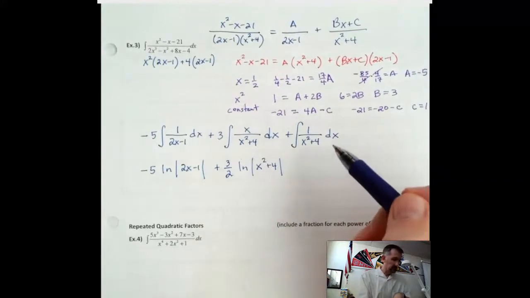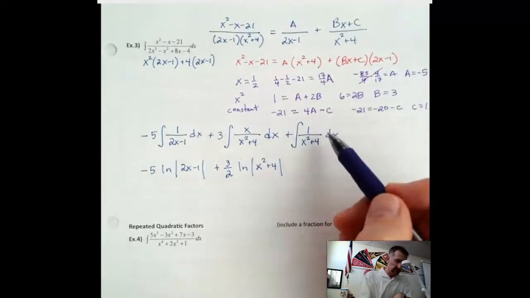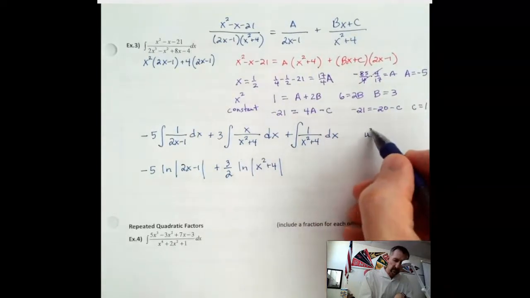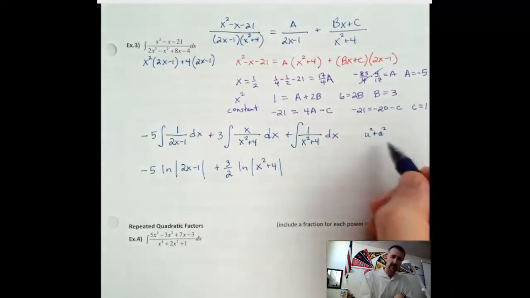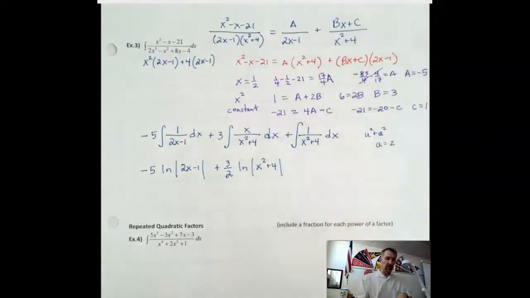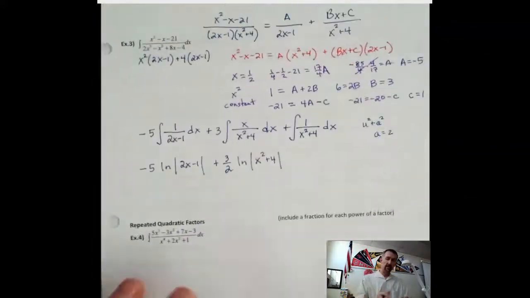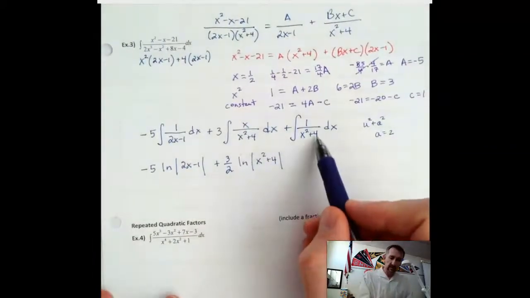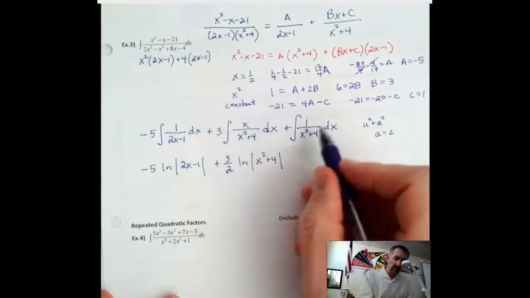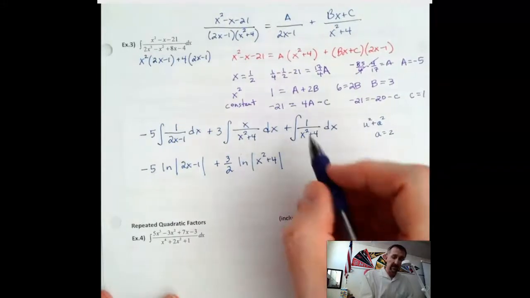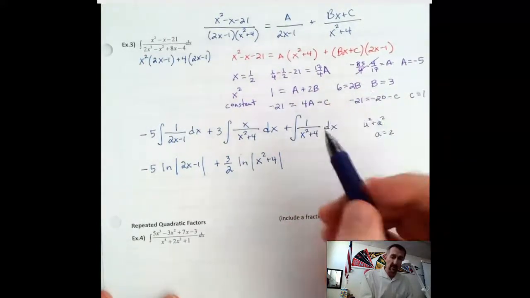Now this one is a little bit trickier because if you remember, the formula is like u squared plus a squared or something like that. So here a is 2. On the last one it was 1, so the last one here's a 1 here, so this didn't happen. But if you remember, you probably don't because I don't really, but it's 1 over a when you integrate.